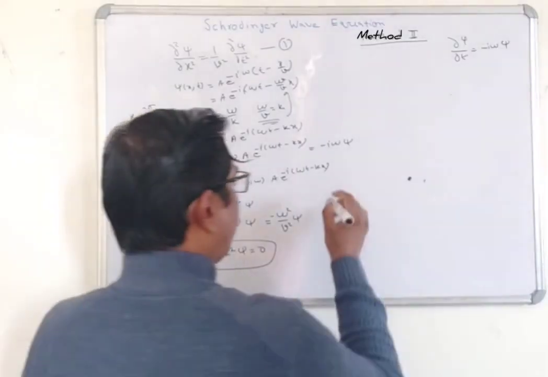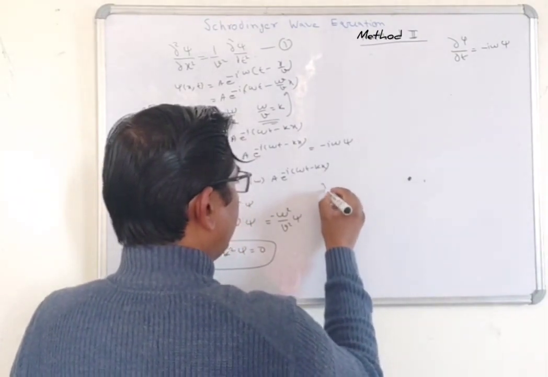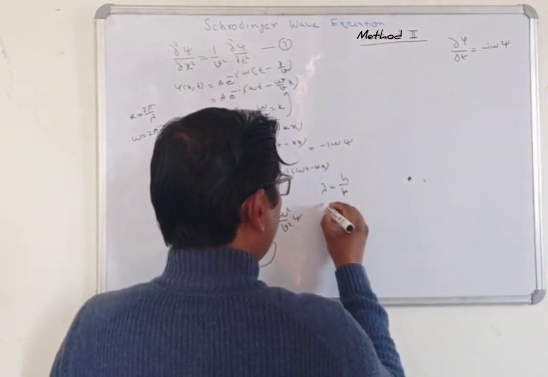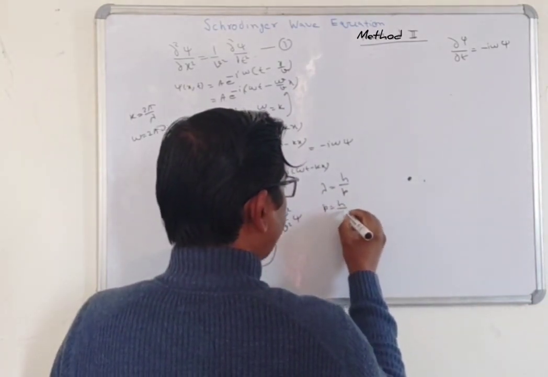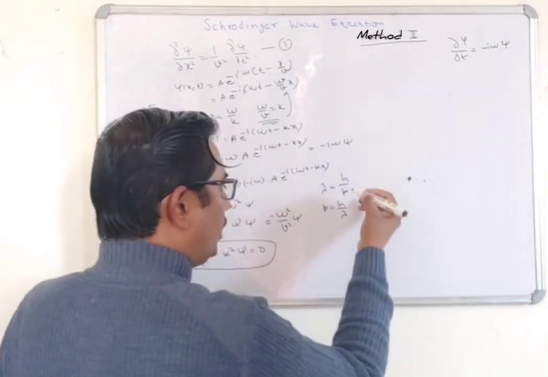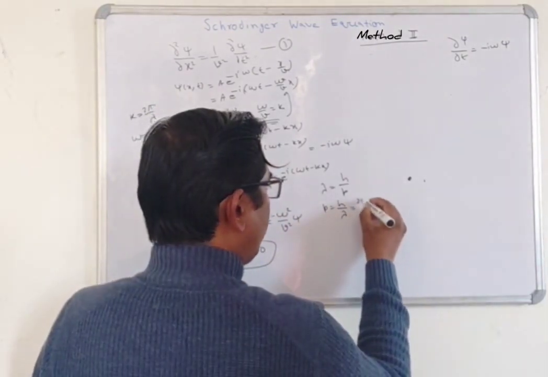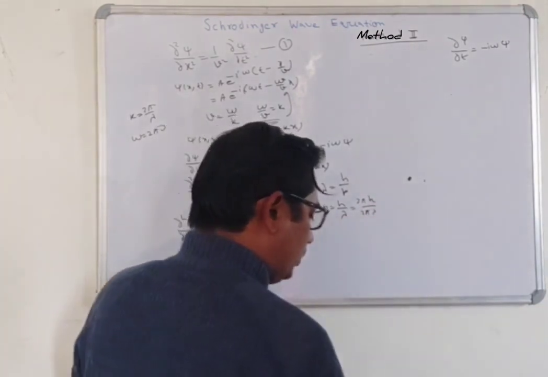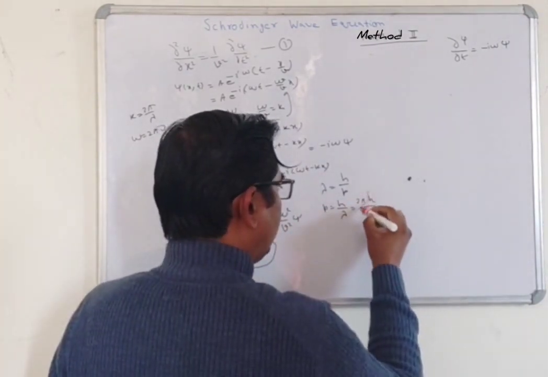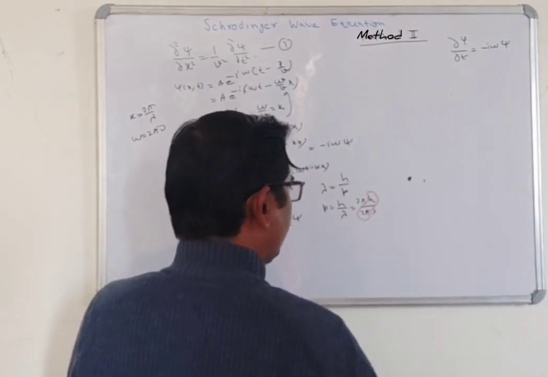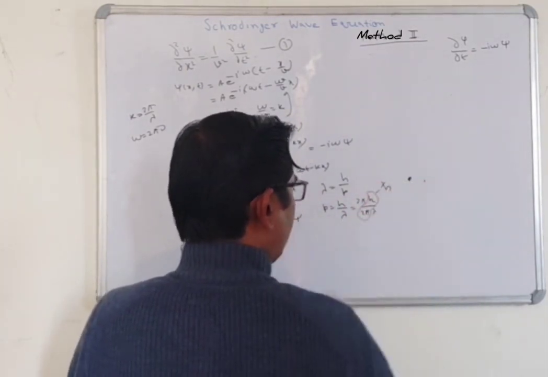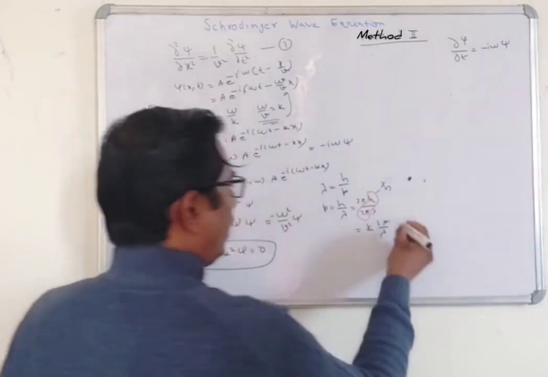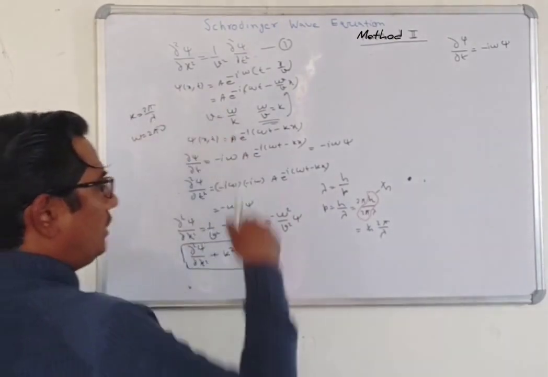Now the concept of the de Broglie wavelength: lambda is equal to h upon p, and all of you know that p is equal to h upon lambda. When we multiply and divide by 2 pi here, h upon 2 pi is known as h cut, and we can write h cut into 2 pi by lambda, and all of you know that the value of 2 pi by lambda is k.